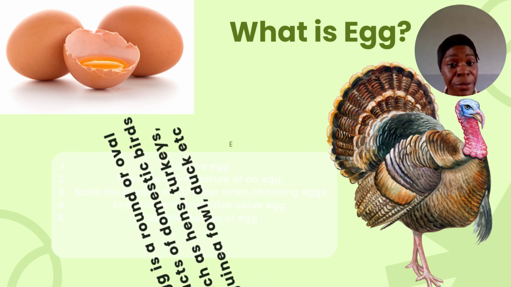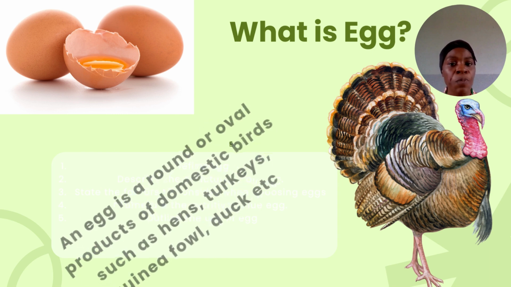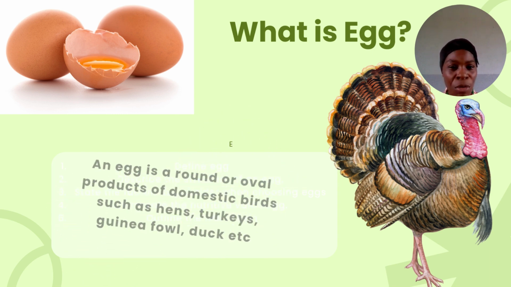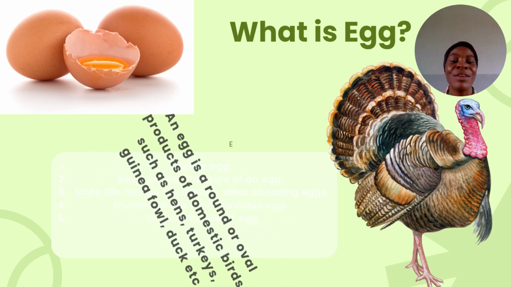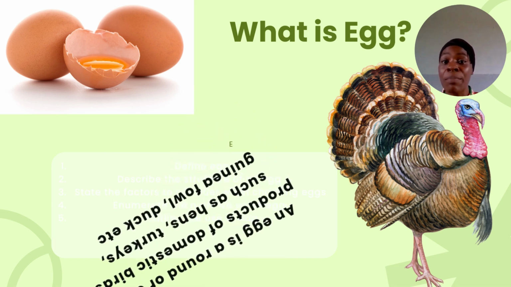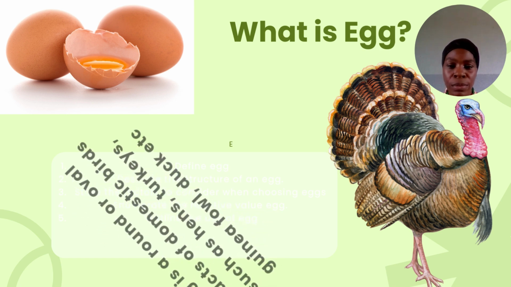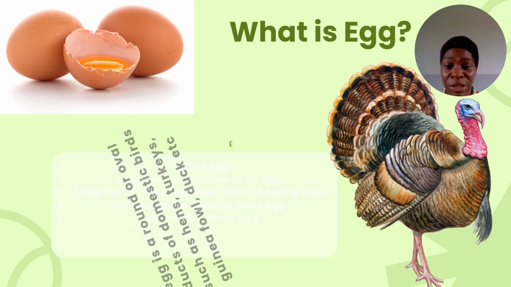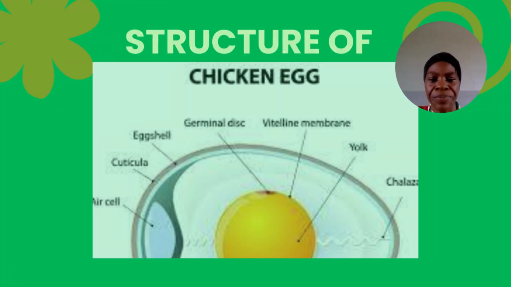We all know hen very well. Even if you've not seen a live turkey before, you have not seen a live guinea fowl, but how many of you have seen a live hen? Good. And you have also seen eggs. Those are the pictures of eggs there on the page. So the egg is actually round or oval in shape.